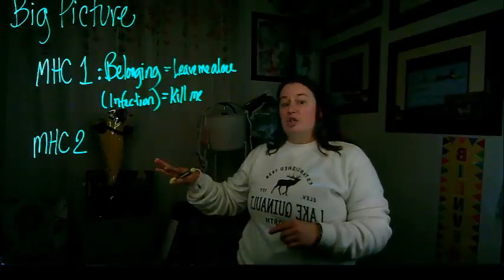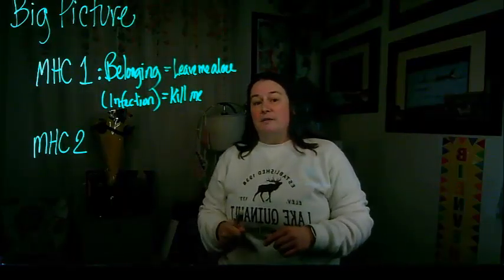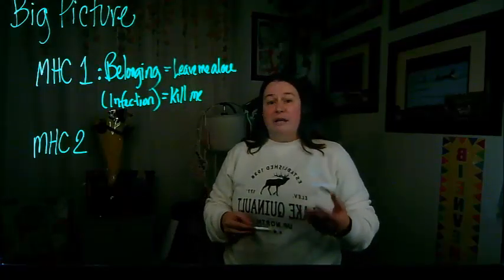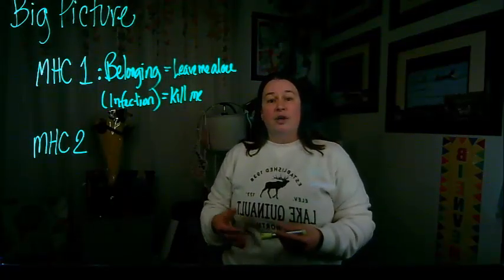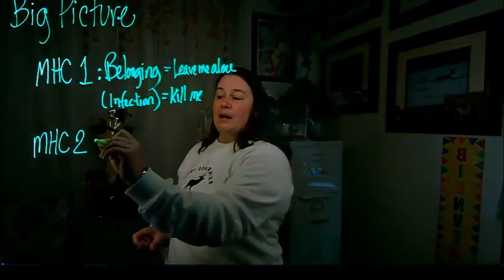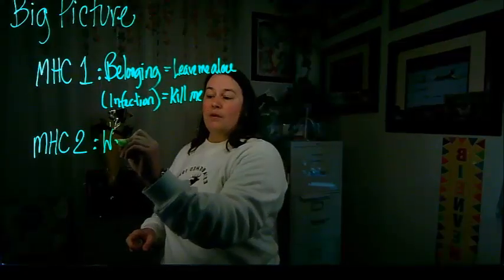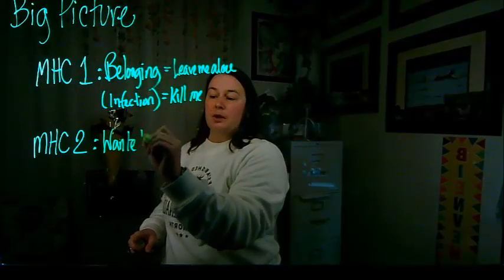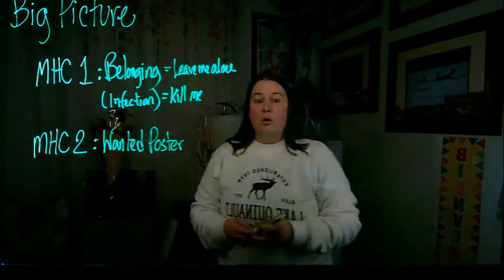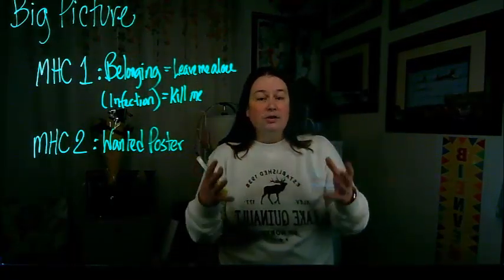Now, the MHC2, remember, is utilized by a very specific group of cells known as antigen-presenting cells, and their role is to facilitate communication with the immune system. So in this, the message for an MHC2 is, hey, we found something that doesn't belong. This is that wanted poster idea. So we're going to digest the cells that are phagocytic.